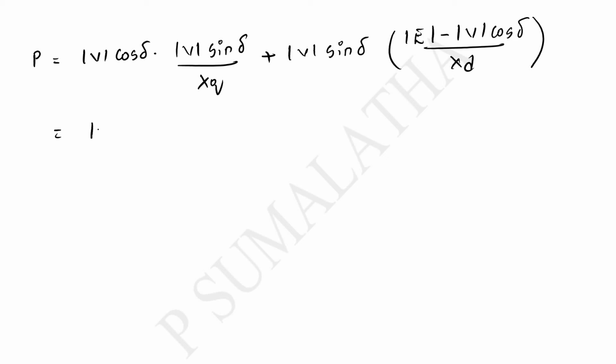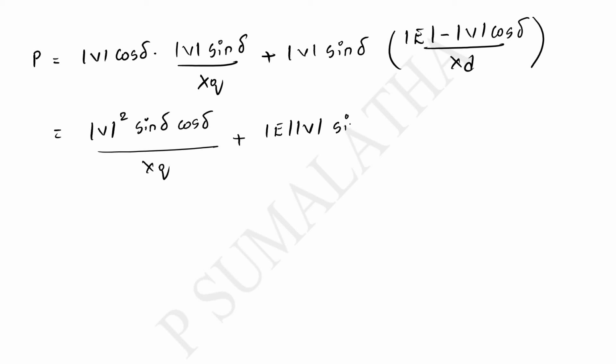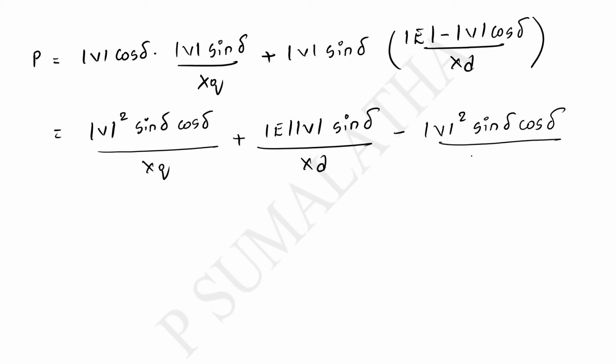By simplifying this equation, we will get |V|² sin δ cos δ divided by Xq, plus |E||V| sin δ divided by Xd, and minus |V|² sin δ cos δ divided by Xd.